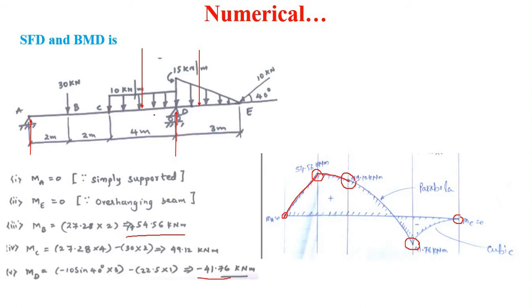Then from C to D, this uniformly distributed load is given, so here a parabolic curve will be there in the bending moment diagram. Join these two points by a parabolic curve.